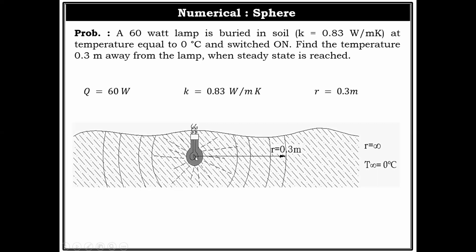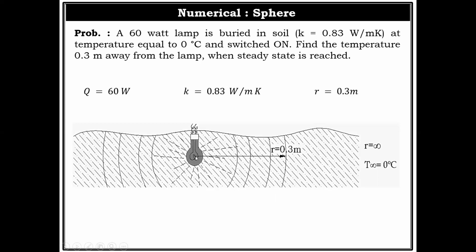So when it is switched on, it will dissipate heat in a spherical form, and that spherical heat will spread all over the land. It is asked, from this bulb, when R equals 0.3 meter, what is the temperature at this 0.3 meter radius zone.